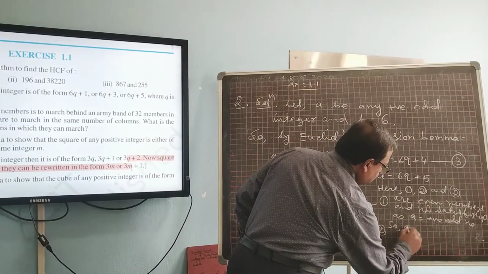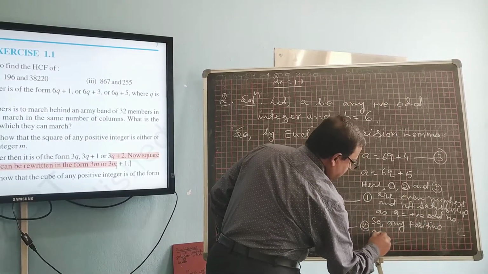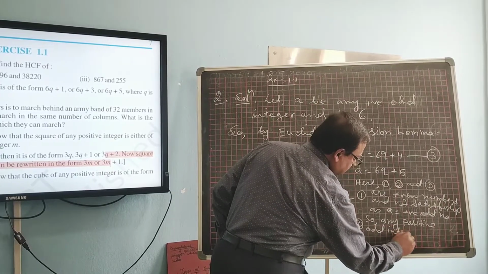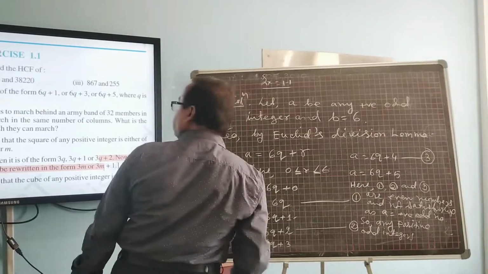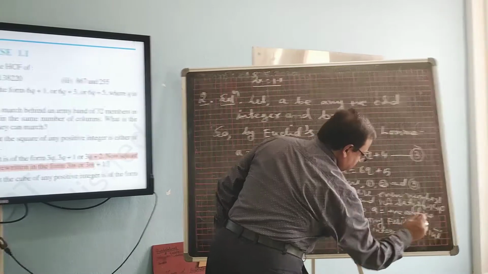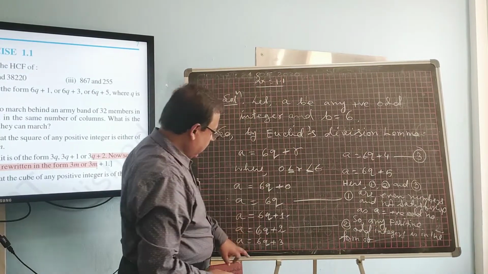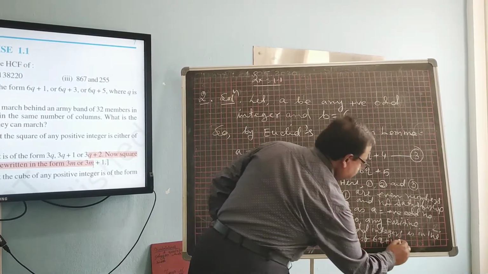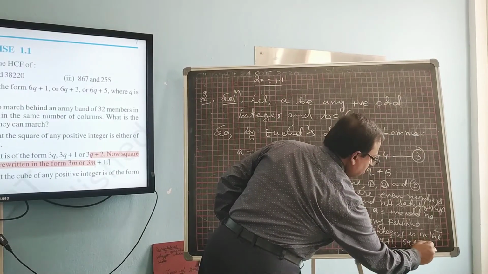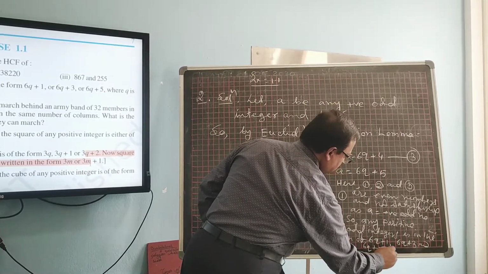So any positive odd integer is in the form of, what are the things remaining? 6q plus 1, 6q plus 3 and 6q plus 5.